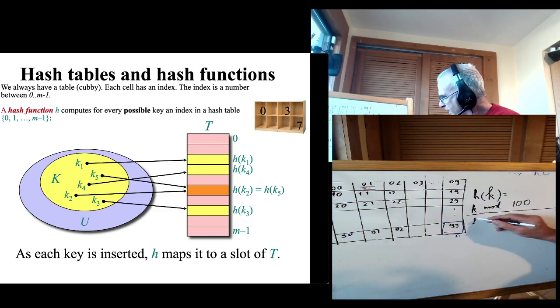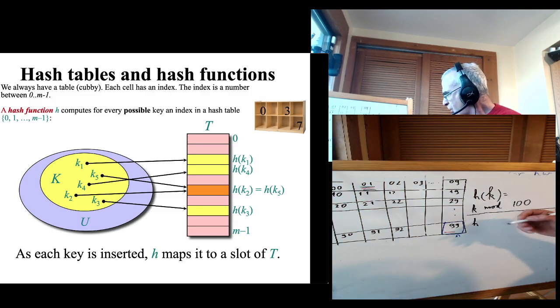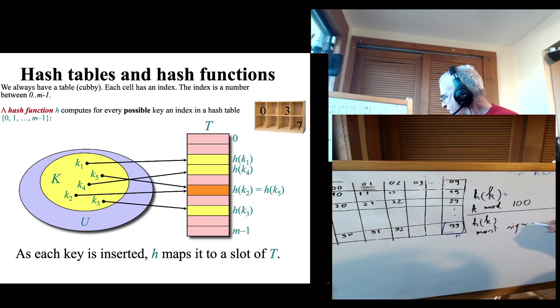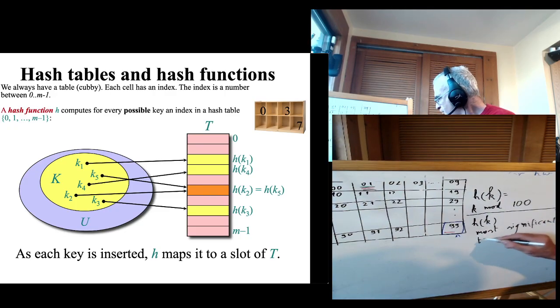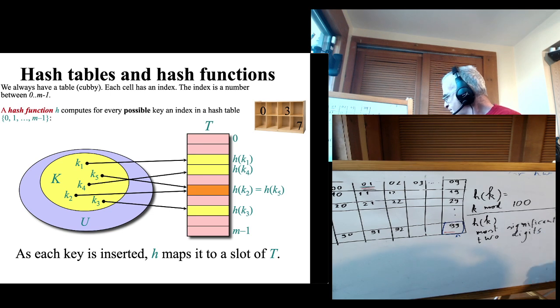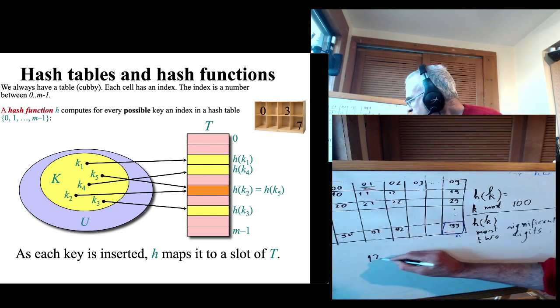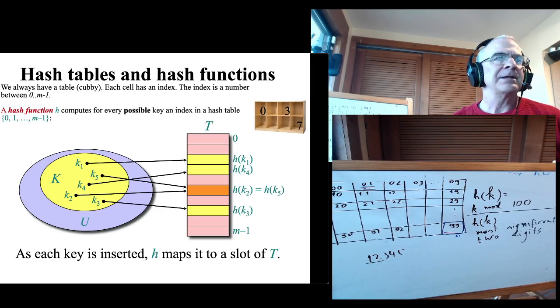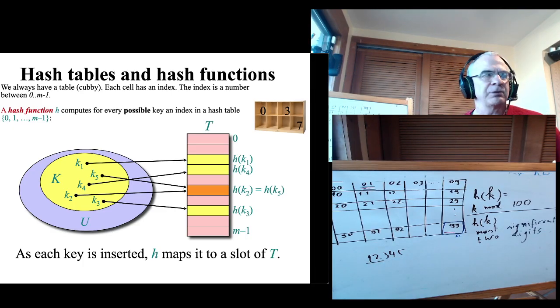Let's think about your own student ID. If I pick as h of k the most significant two digits, if your student ID is 1, 2, 3, 4, 5, and I pick 1, 2 as your index, it would probably be a pretty bad hash function.